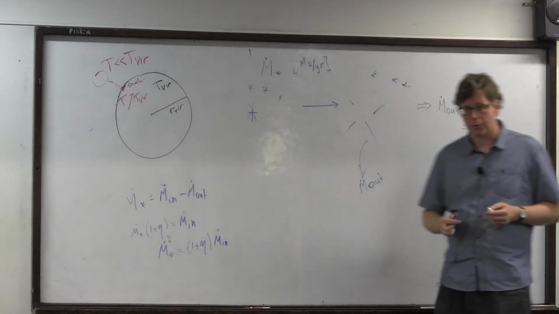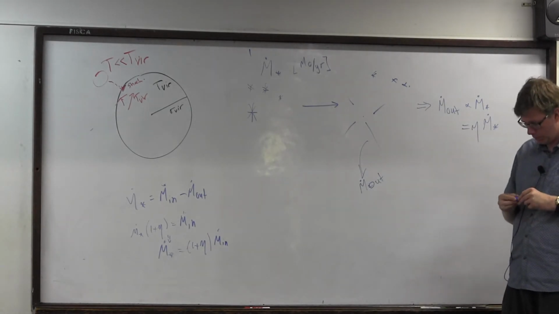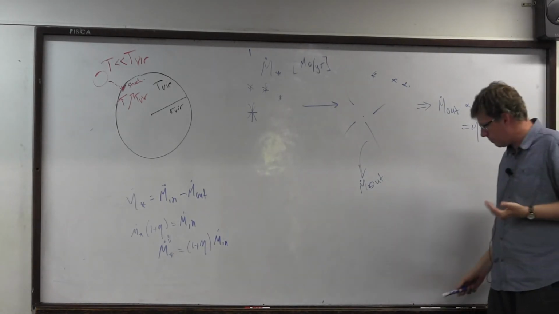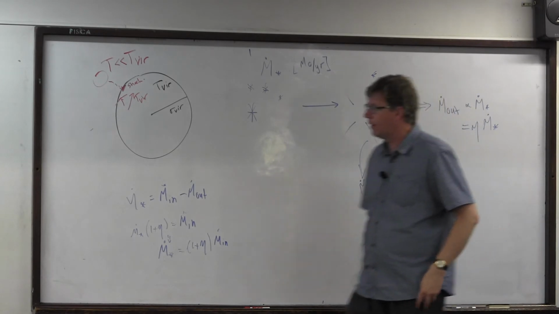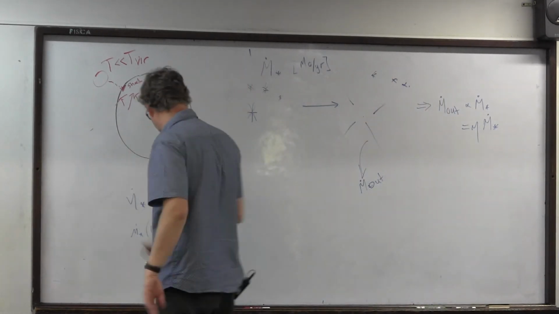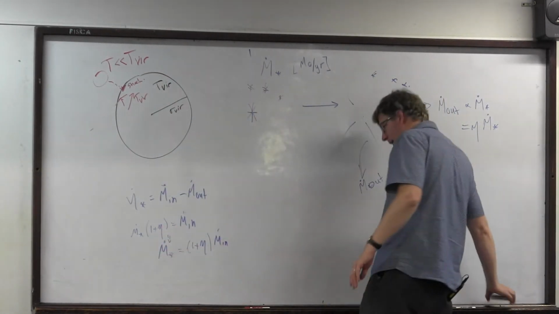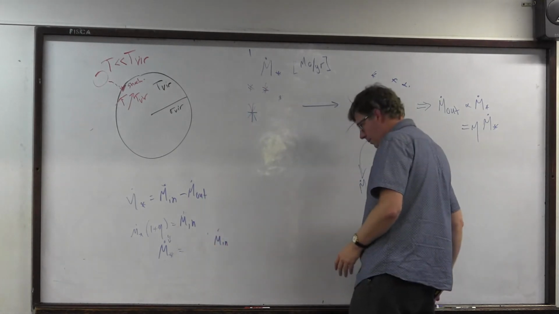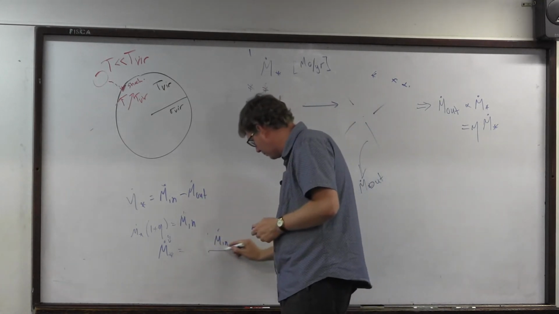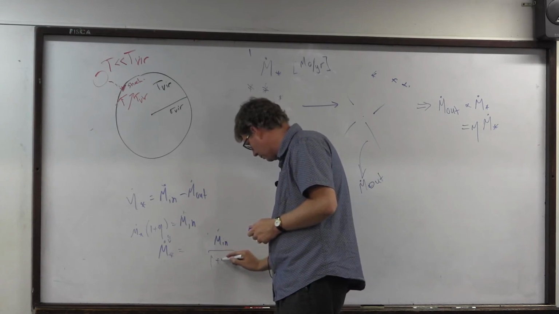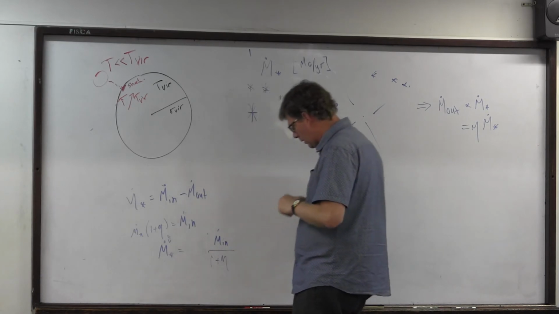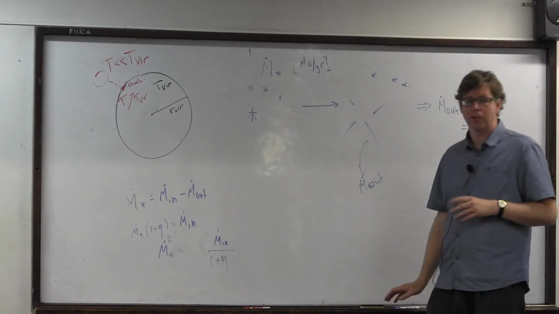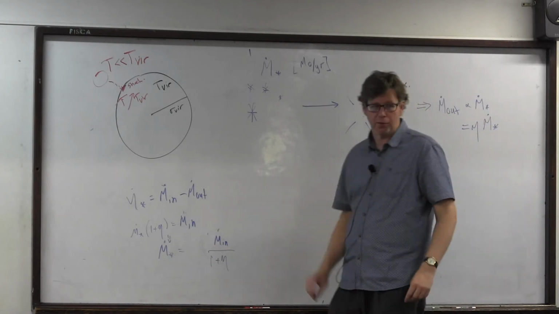Not multiplied by, divided by. So that's a simple relationship if you can tell me what this M infall is.